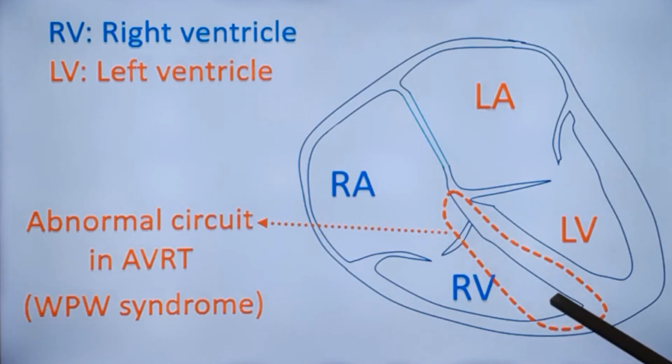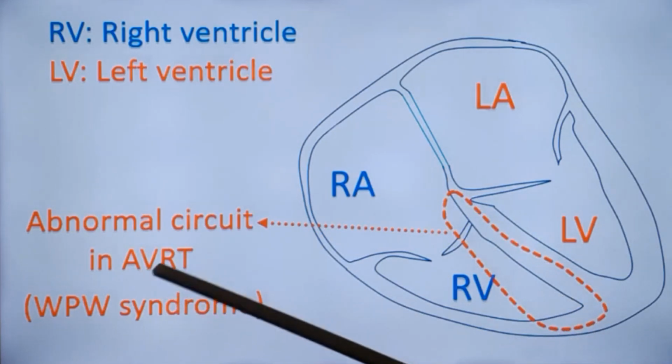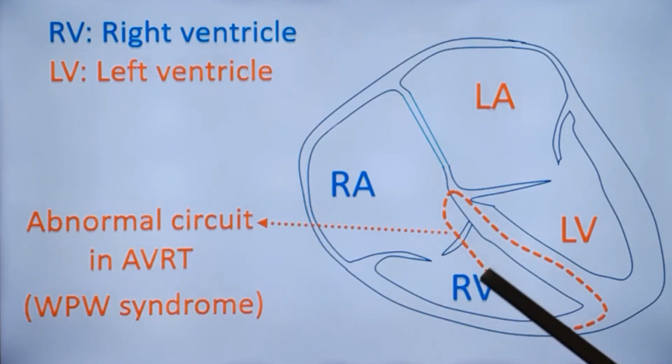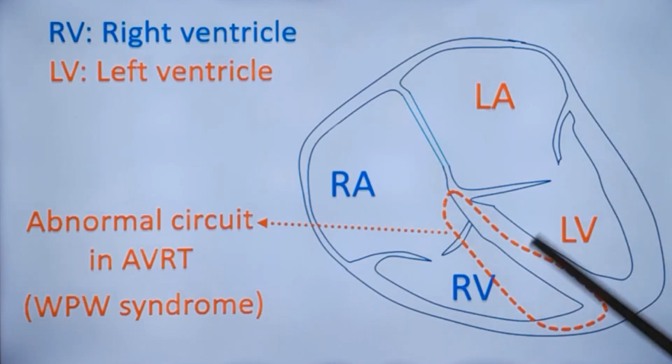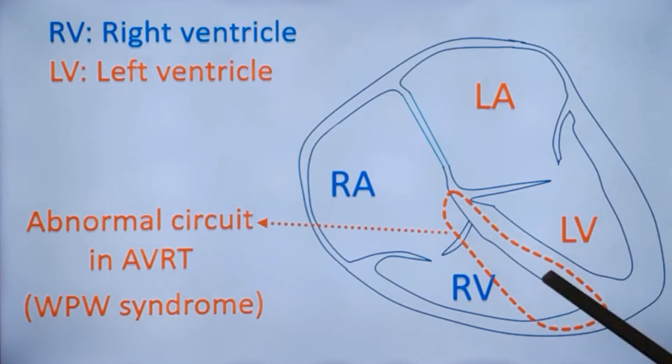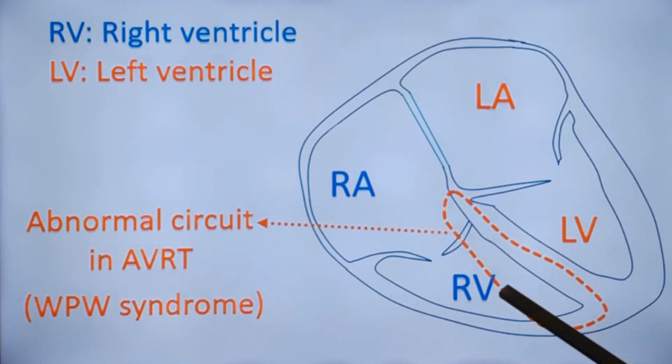That is about 10% of AVRTs in WPW syndrome. It is known as antidromic tachycardia. Antidromic tachycardia shows wide QRS. When it comes to the emergency department, it will resemble a ventricular tachycardia. You might cardiovert and then take an ECG.